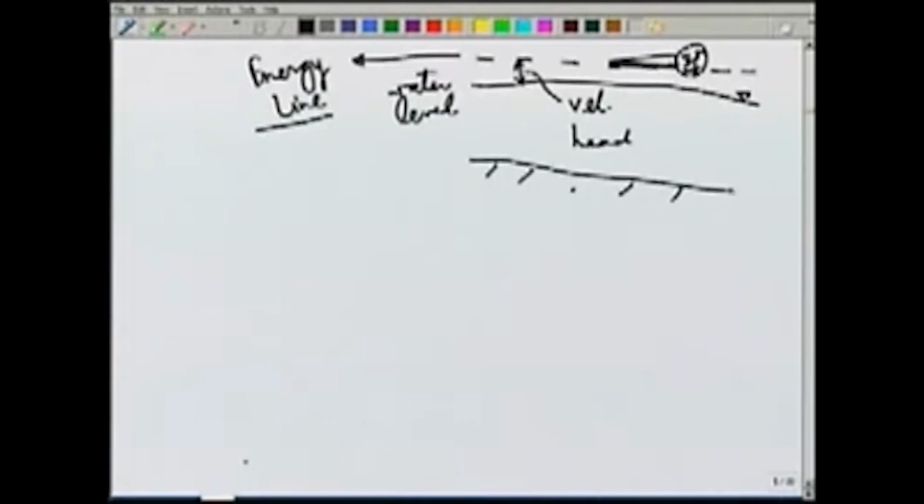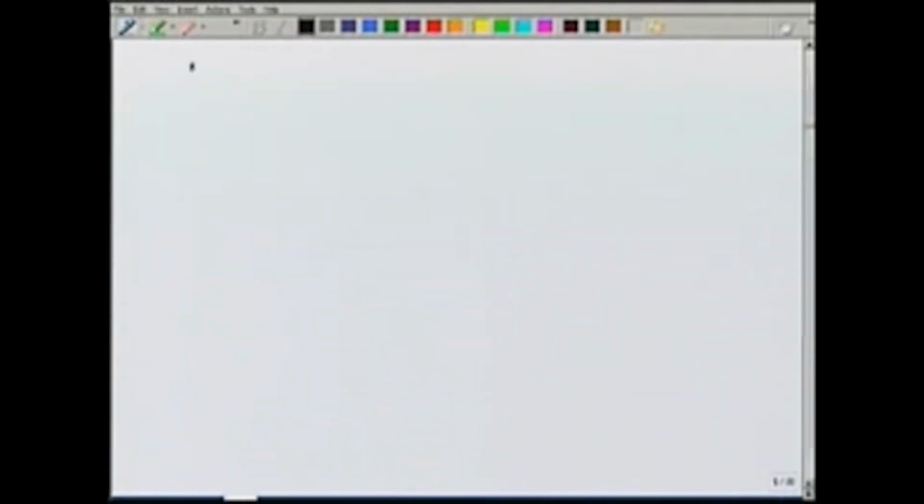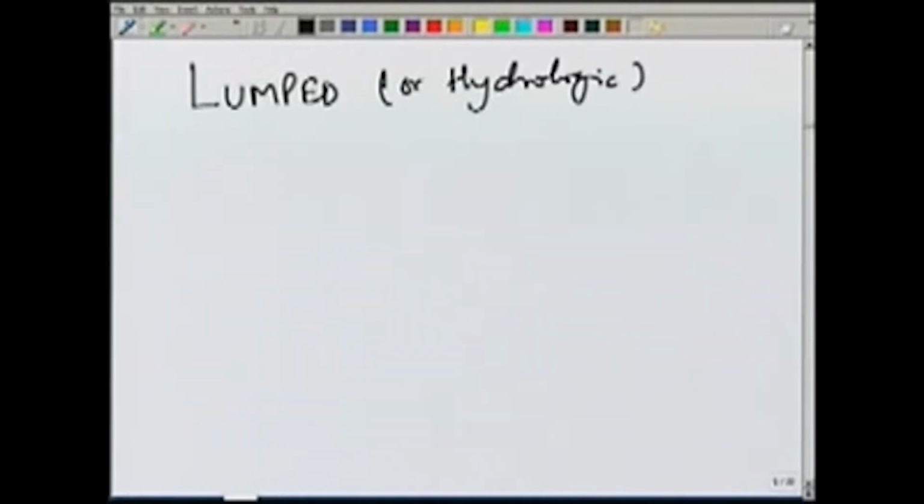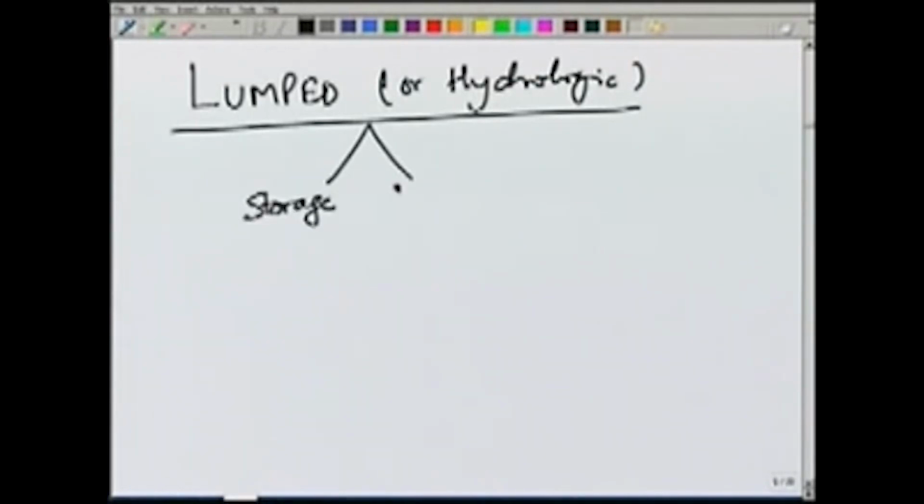So, we will start with the lumped routing because it is easier. Now, all the routings can be thought of in terms of two different kinds, either storage routing or a channel routing.